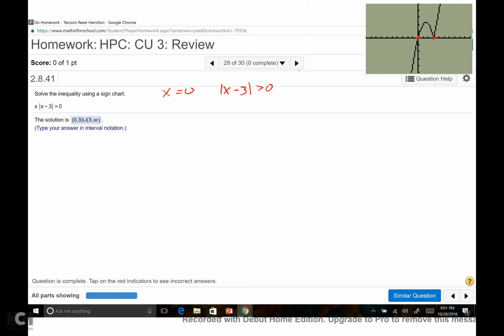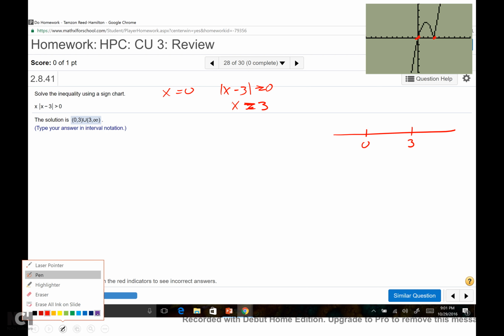This would be plus or minus 0, but 0 doesn't have a sign, so the other is just x equals 3. So my zeros are at 0 and 3.